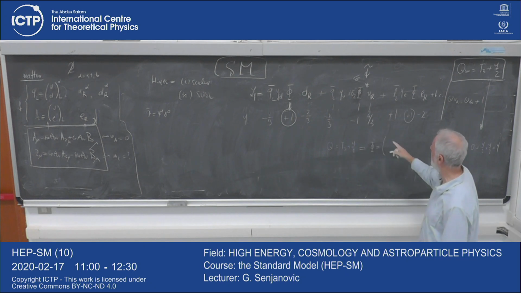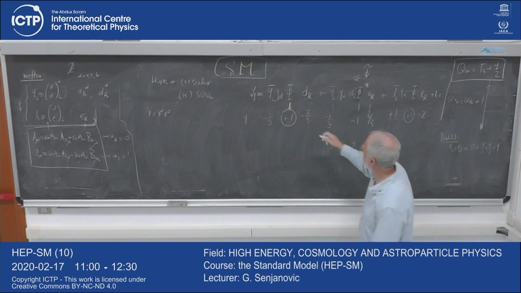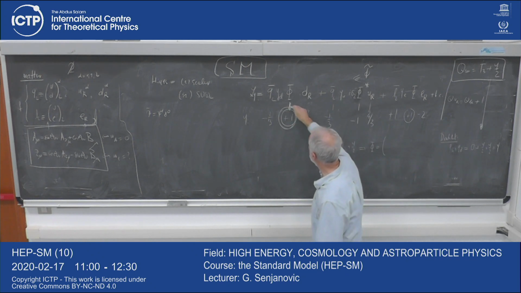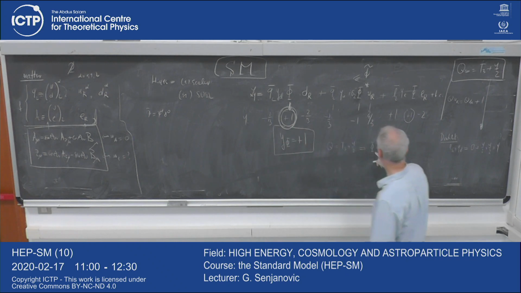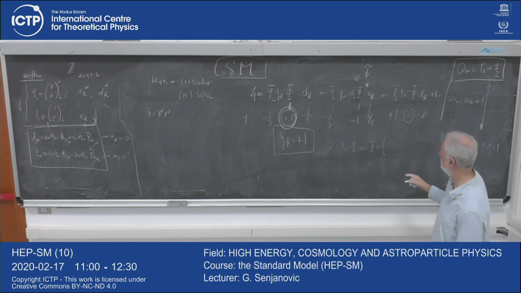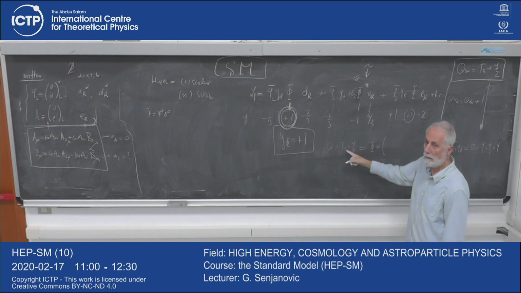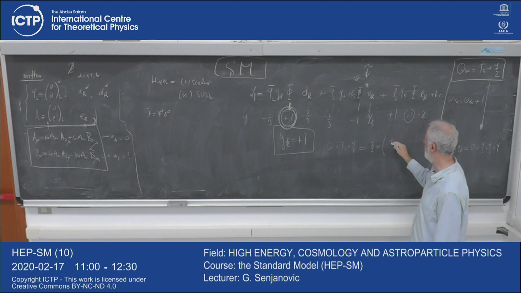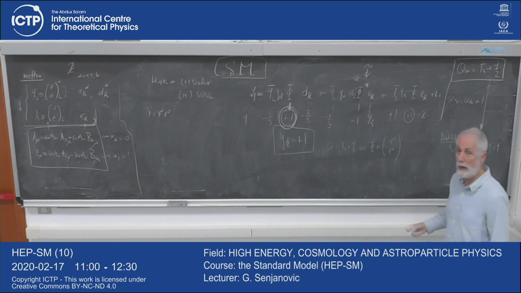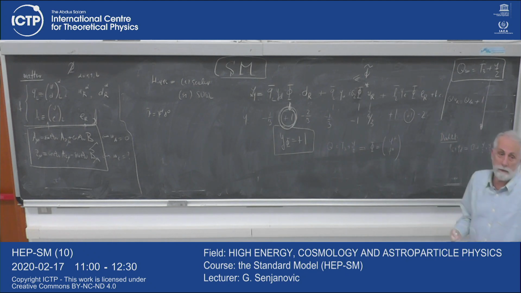Can you tell me what will be the upper component charge? This is the hypercharge. So what will the charges be? 1. Half plus a half is 1, and 0. With my conventions.